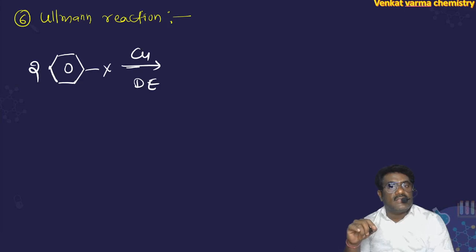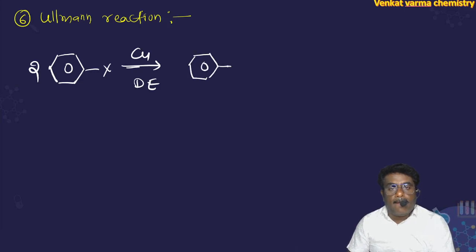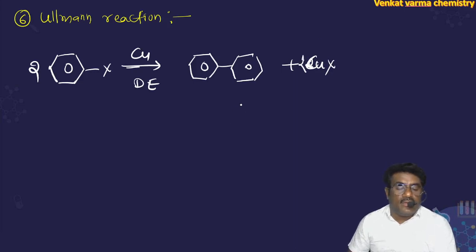In the Ullmann reaction we are using copper. So here also biphenyl is formed, and copper halide. This is for the Ullmann reaction.